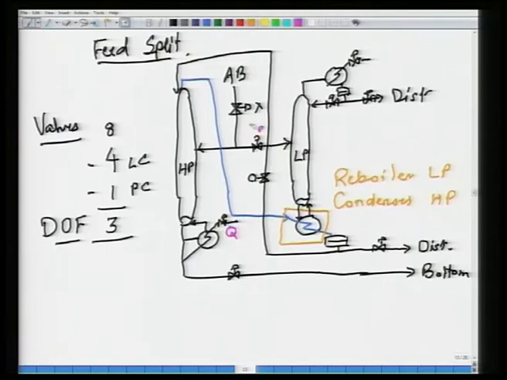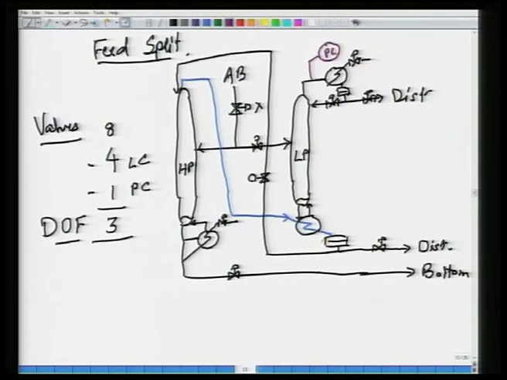Now, let us just draw a control system for this system. Okay. So, I am going to remove this, also going to remove this, that is fine. Okay. Well, simple things first, pressure control, level control. How do I control the bottoms level?